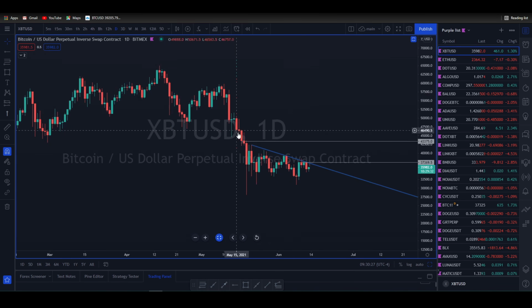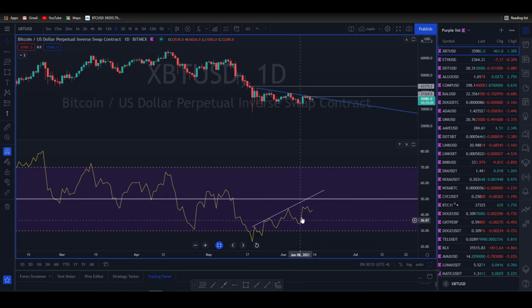If you see right here, I have a blue line that is a descending trend line. It is showing you that Bitcoin is forming a descending wedge formation, which is typically looked at as a bullish breakout pattern. So if you do get a bullish breakout of this area, I'm assuming that sellers will be looking at that as an opportunity to sell, as the RSI will have cooled off.